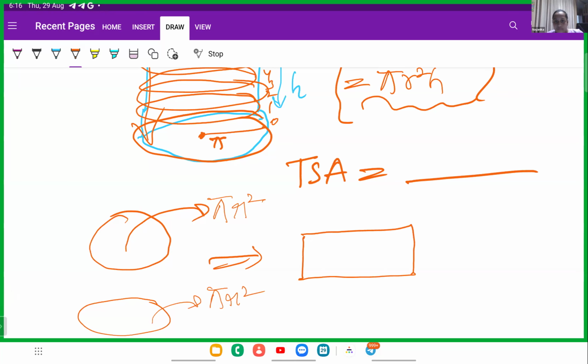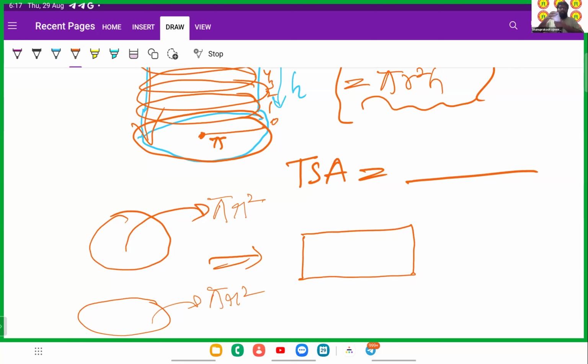Yes, sir. Once I fold this paper, it becomes a cylinder shape, right? So this surface is a circle, and again this surface is a circle.